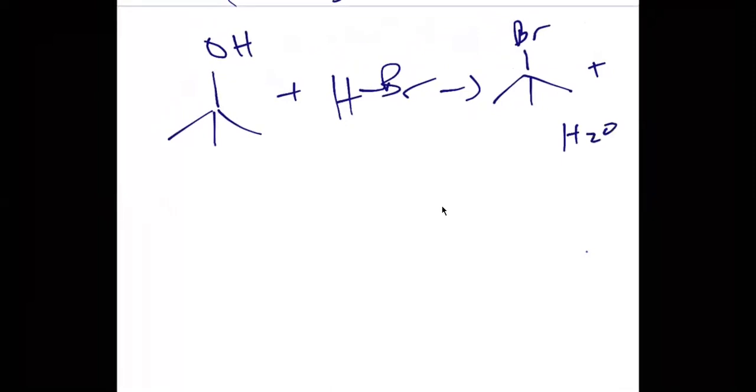So you have a substitution basically between the Br here and the OH here, right? But it's not a direct substitution because again, OH is not a good leaving group. We're okay so far? Do you see what happened?